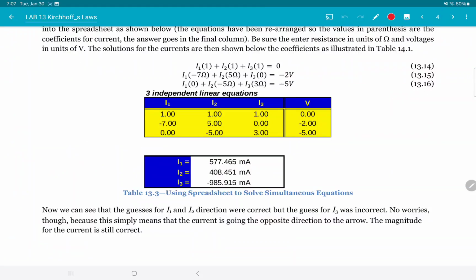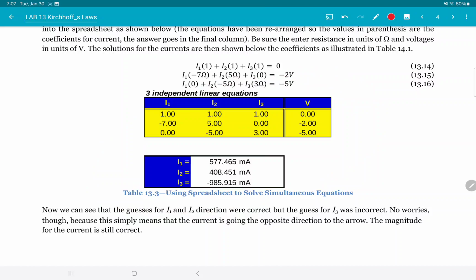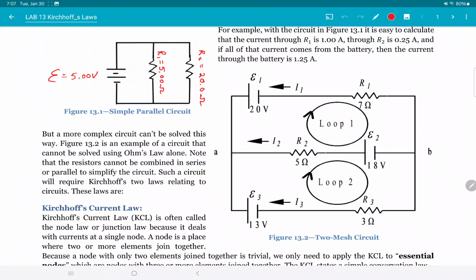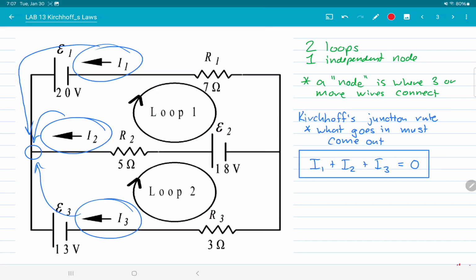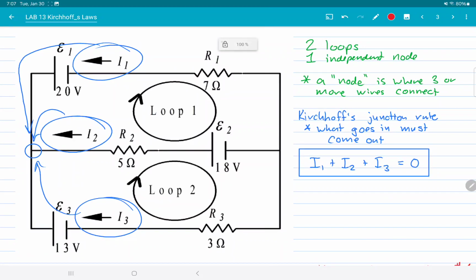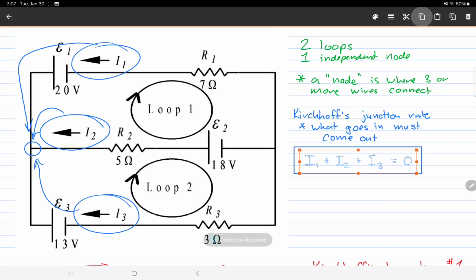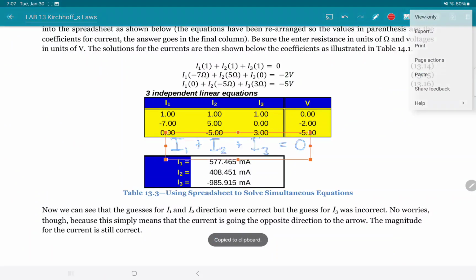And using the spreadsheet that I made sure I emailed out to the entire class, we have these. Going back and grabbing these equations. There we go. I have this equation. Copy. Paste.